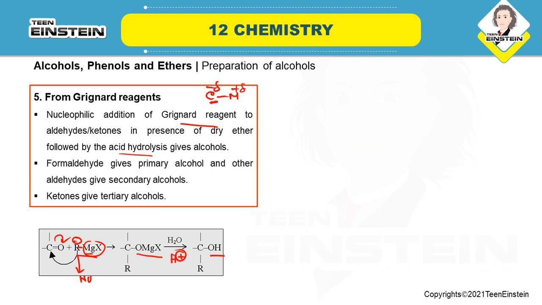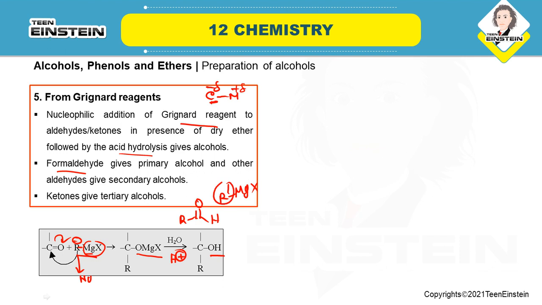Now if the starting material is formaldehyde, where on both sides of the carbonyl group we have 2 hydrogens and no alkyl group, it will give us primary alcohol. Other aldehydes will give secondary alcohol, because an aldehyde has the formula RCHO, and another R group will come from the Grignard.